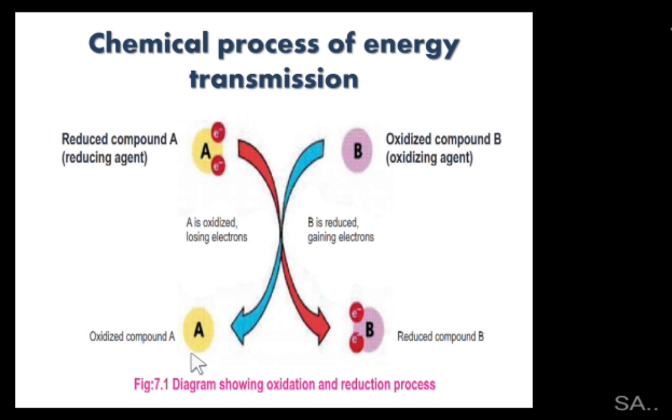Since the loss of electrons is occurring, this is an oxidation reaction. On the other hand, if you look at this oxidized compound B, it has no electrons. When B is reduced, it means it gains electrons. So it will be reduced by accepting the electrons. This is how the gain of electrons occurs. So this compound B is a reduced compound. I hope that you understood it.